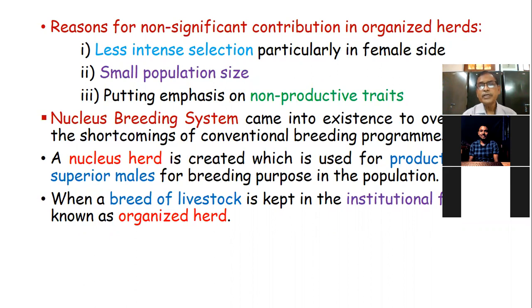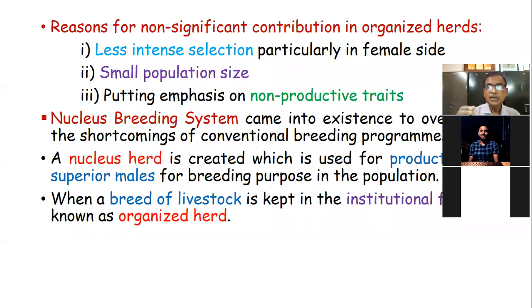But when the concept of the nucleus herd is there, in the entire farm we have a pocket, or we can call it the nucleus of the farm, that will maintain only a very few number of elite animals. Suppose we consider milk production, so milk production will be the criterion.